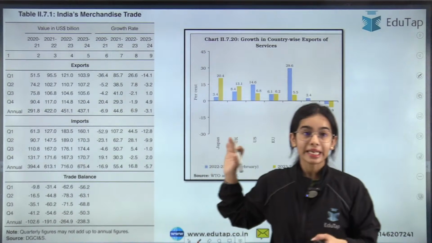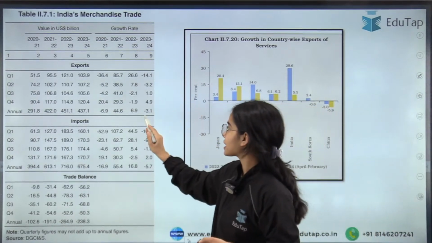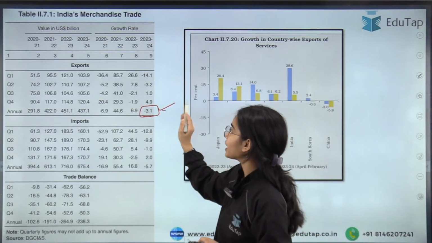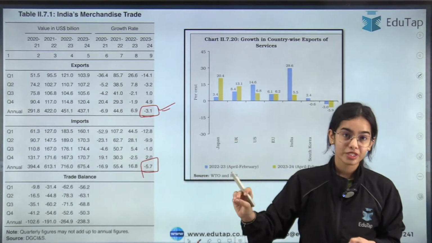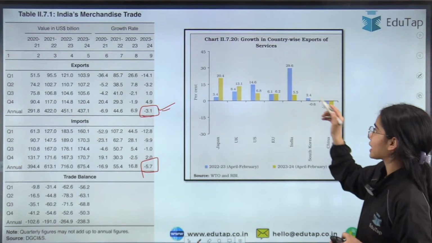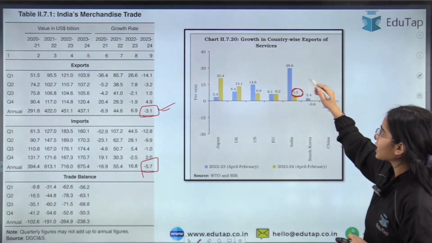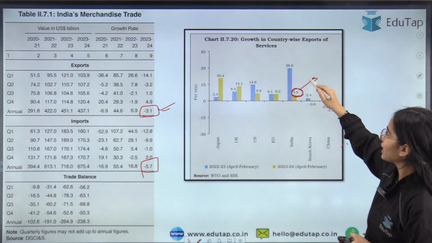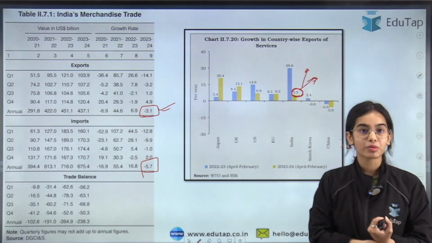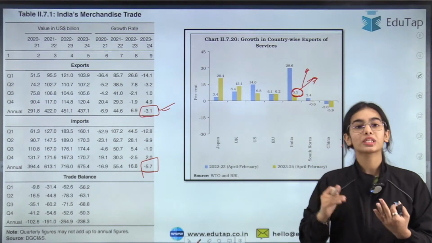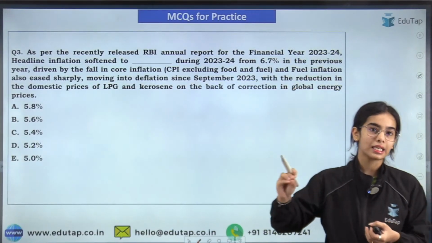In India also, the merchandise trade has decreased, as the exports decreased by 3.1% and the imports decreased by 5.7%, while the services sector still grew, with export growth of 5.5%. The growth in the services sector was lower, but it was still happening.